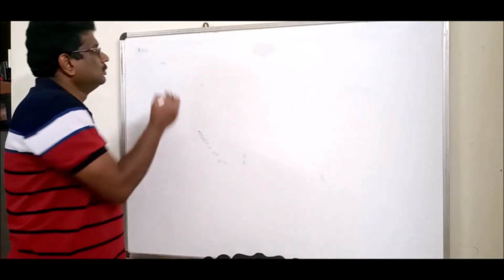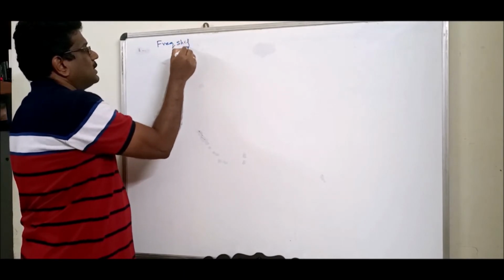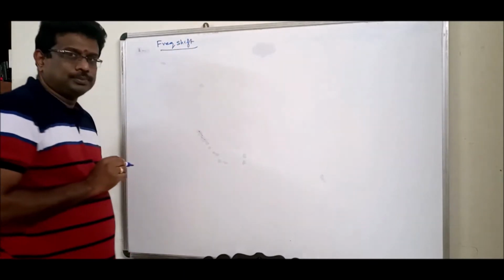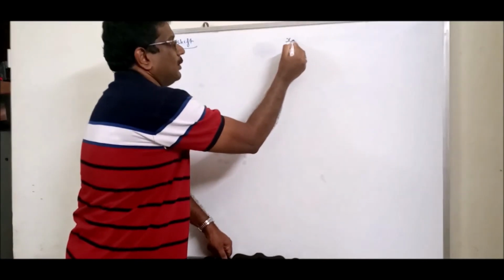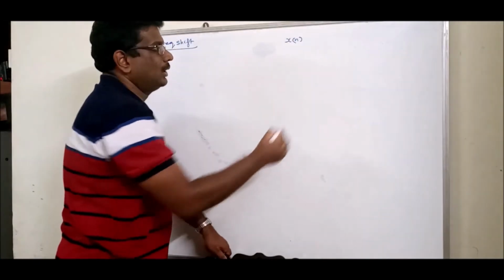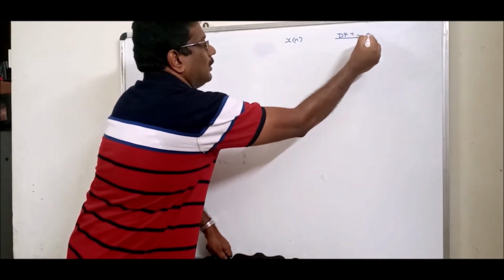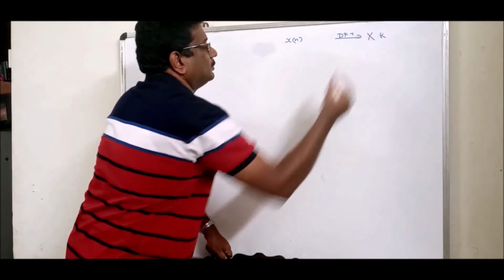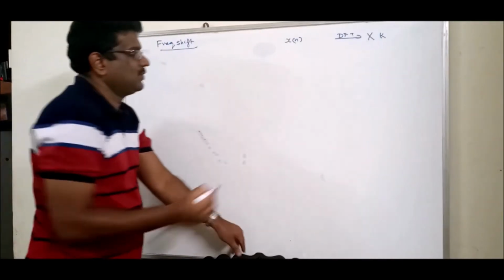Let us do the frequency shift property. What is that frequency shift? If I have time domain x of n, what is its DFT, which is X of k. This is frequency domain. It is going to be shifted.